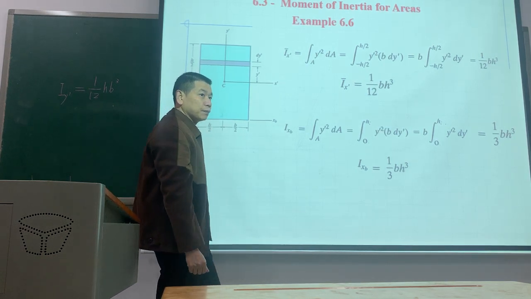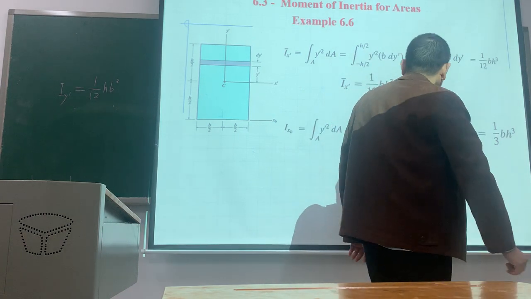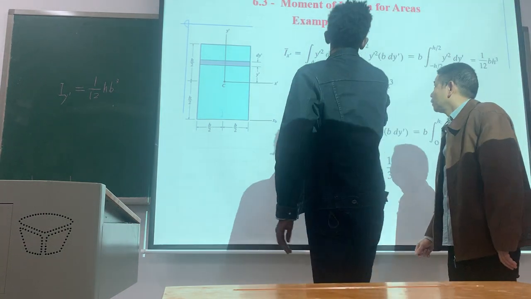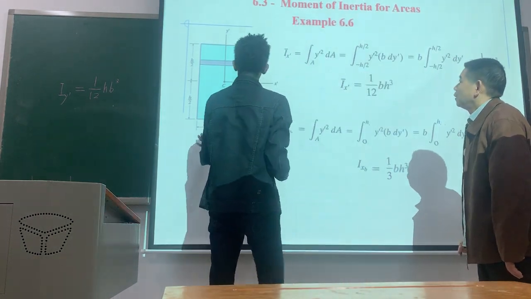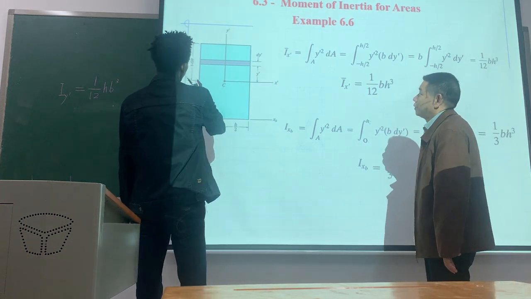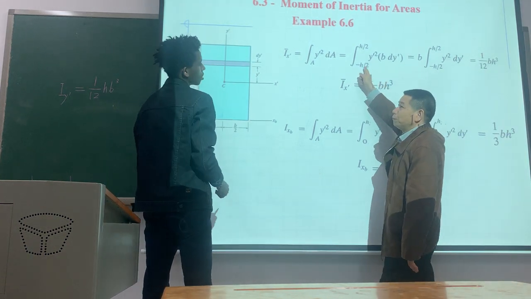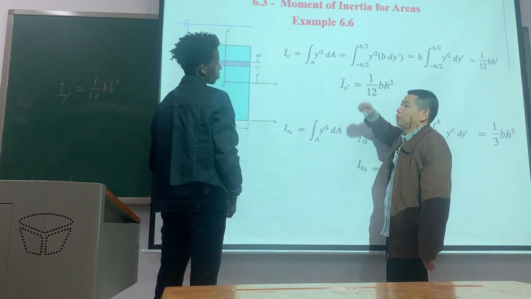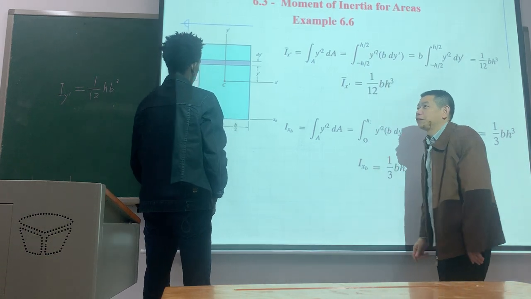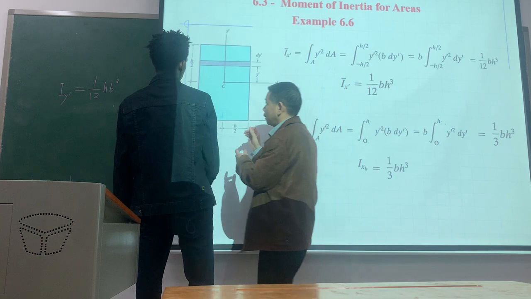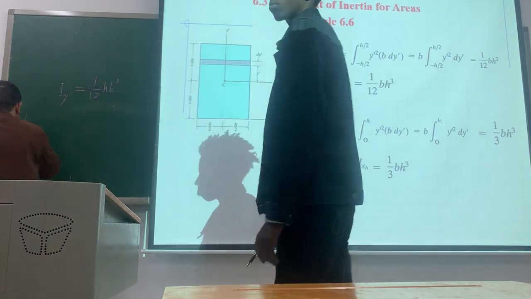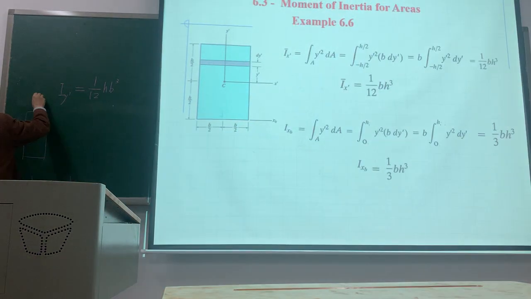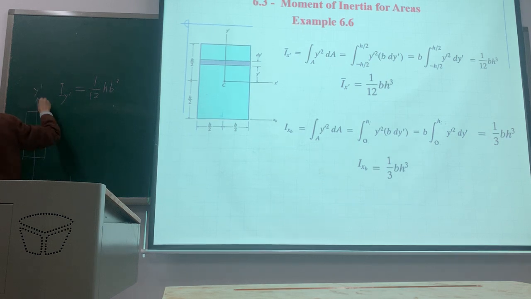Then we integrate from minus half b to half b. So for y, it's going to be minus, and it's y prime, and dx prime.